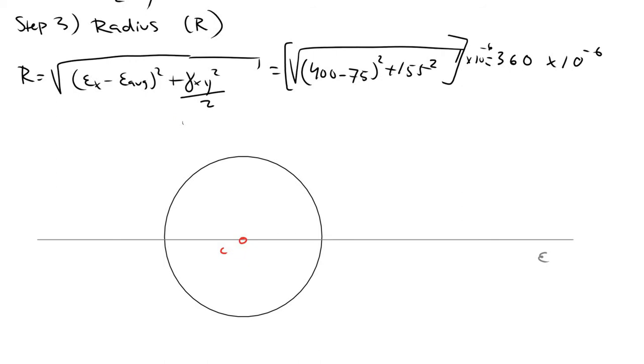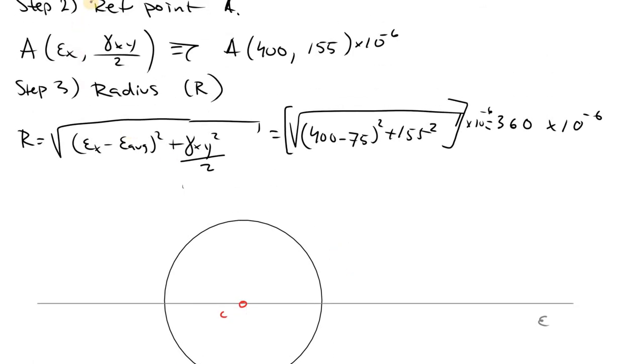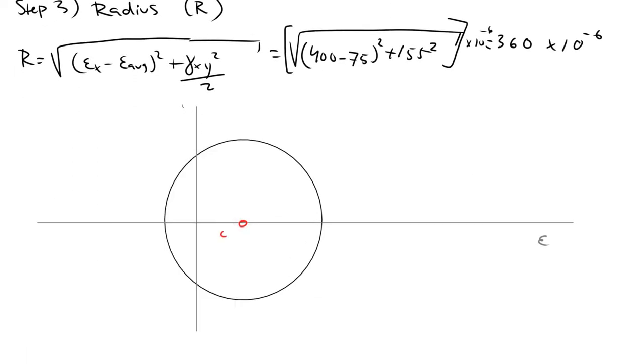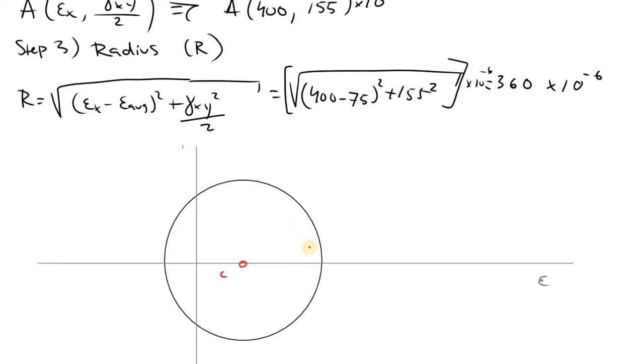I can then go ahead and draw my vertical point, which is located slightly to the left-hand side of my center point, probably somewhere around here.